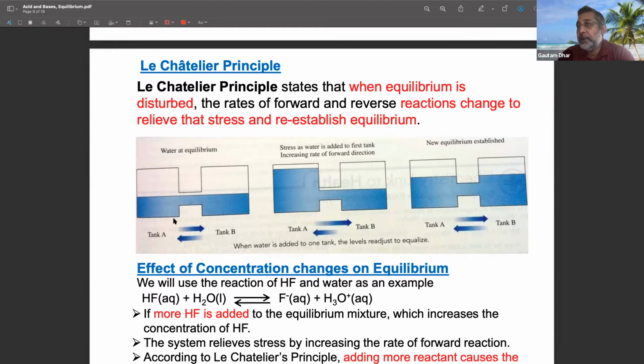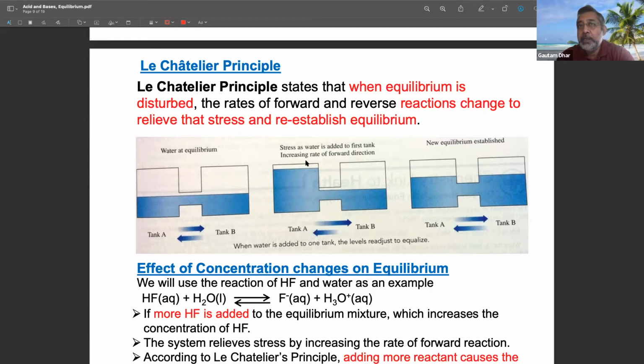You can answer this in a very common sense way. If we add water to one of the tanks, what will happen? Water will definitely move to the other tank, right? Till the levels are equal, and equal levels means equilibrium. So you had equilibrium, then disturbed the equilibrium by adding reactant.